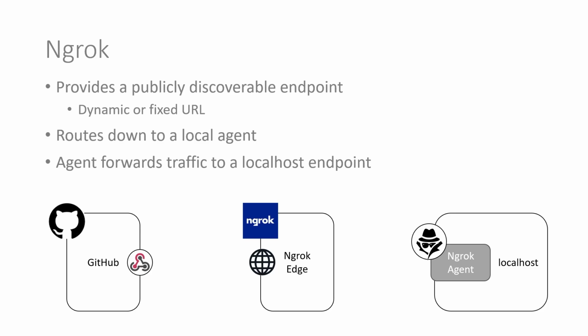There's then the Ngrok web platform or cloud platform, or edge as they refer to it, where the actual endpoint exists, the discoverable endpoint. That's what you configure in GitHub, and GitHub will then trigger any webhook traffic to that edge endpoint, and then Ngrok will tunnel it down to the local agent, and the agent then takes over. So we're going to set that up today. There's no real coding involved at all, it's just config and installation.